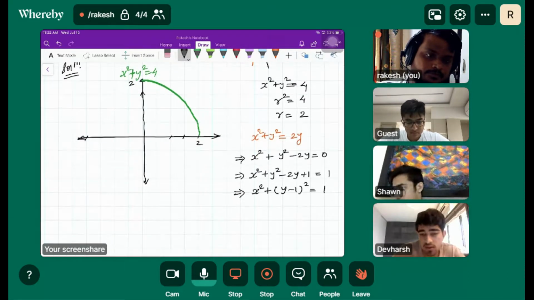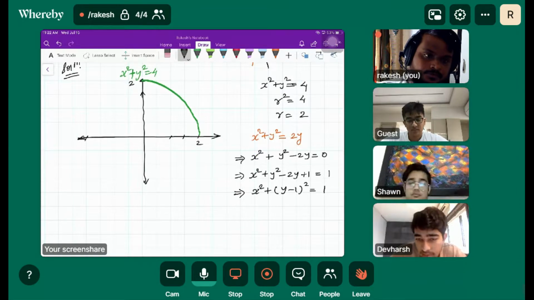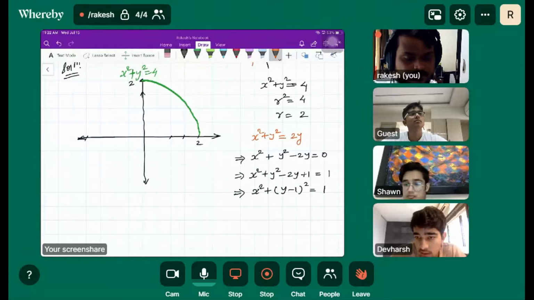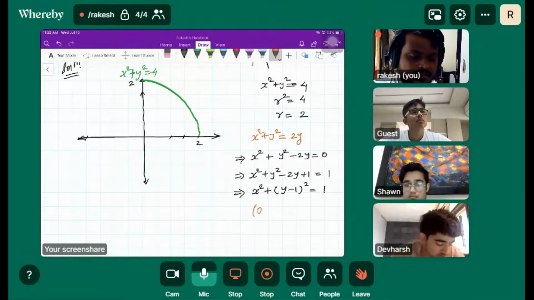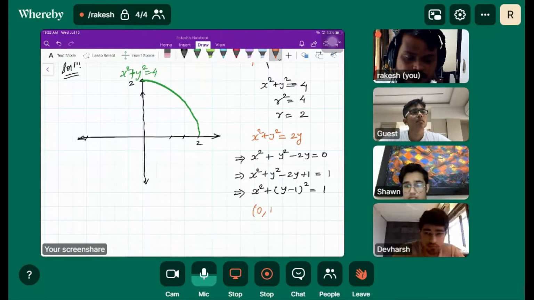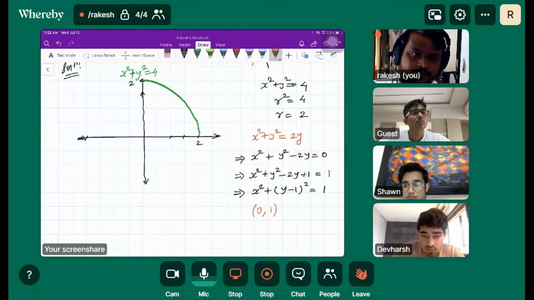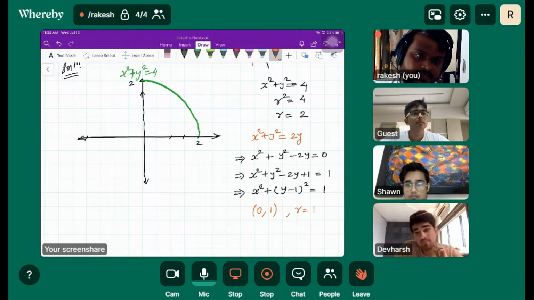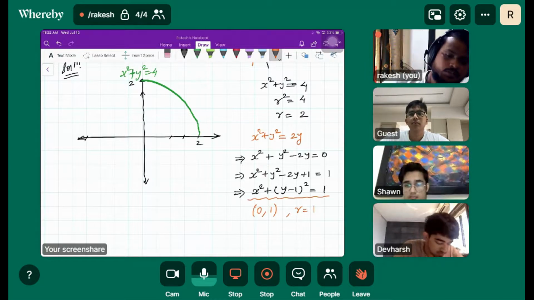It's a circle which is not at the origin, whose center is at 0, 1 and of radius 1. Did you understand this? This is the circle whose center is at 0, 1 and radius is equal to 1.